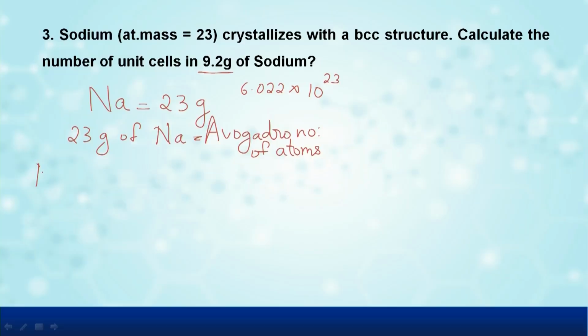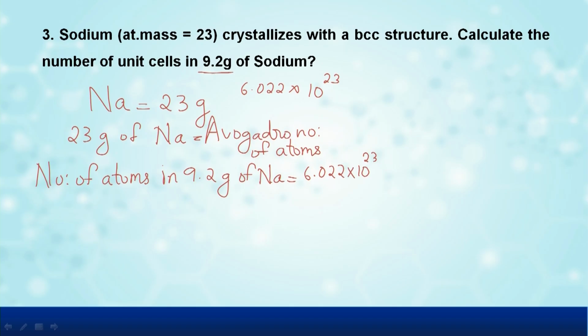Okay. So number of atoms in 9.2 gram of sodium is equal to 6.022 into 10 raised to 23 divided by 23 into 9.2.